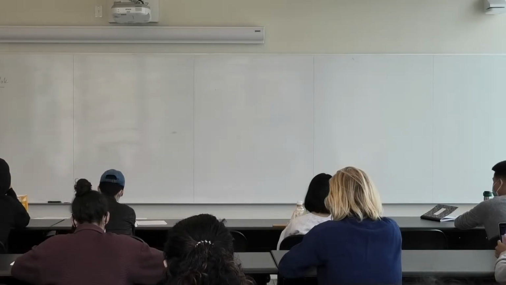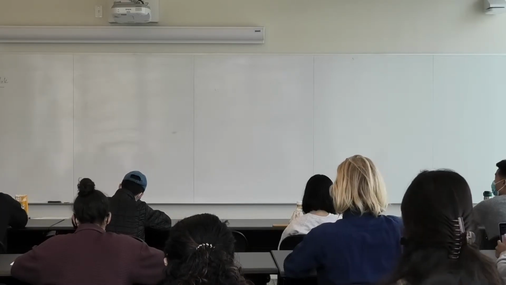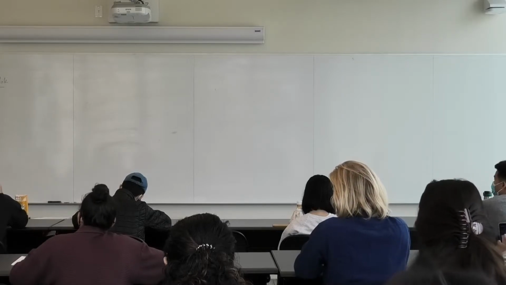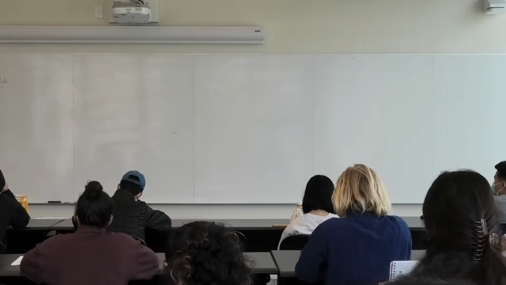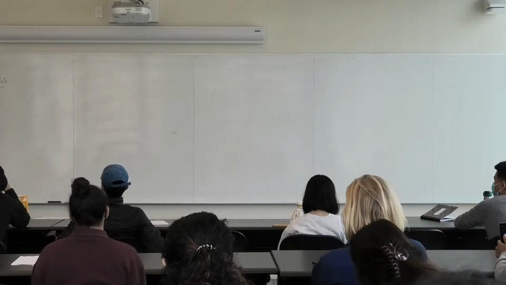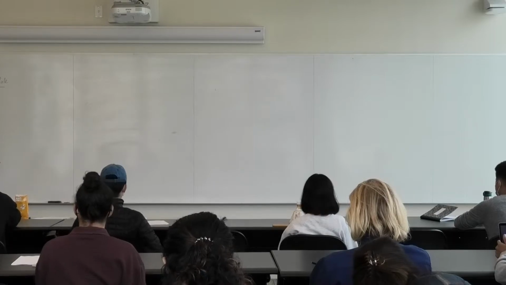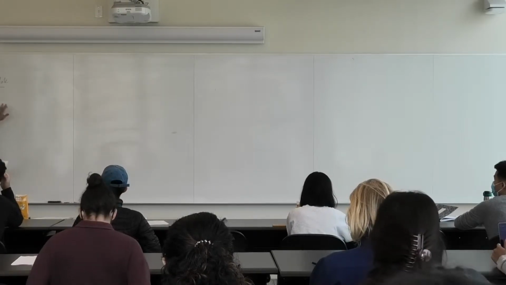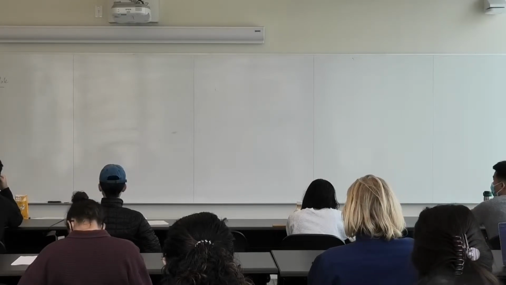We've been spending a few days looking at these different rules to help us do differentiation. We have the sum rule, product rule, quotient rule, the power rule. These are all pretty useful, but nothing that we're going to learn is as useful as the chain rule. If you've seen it before, good.